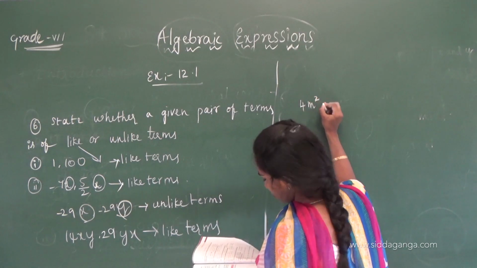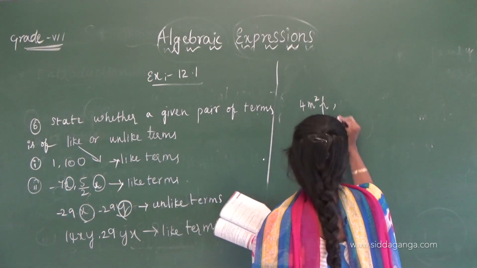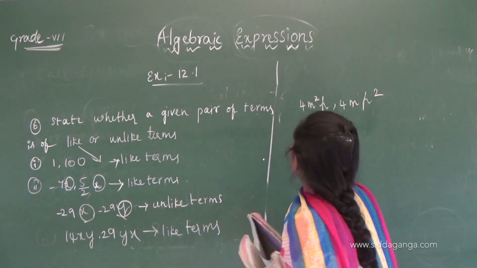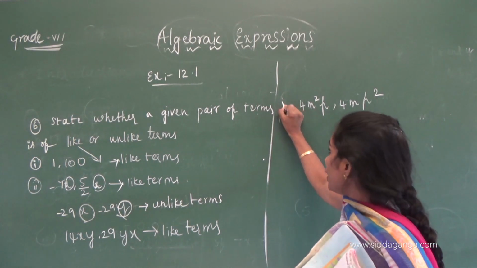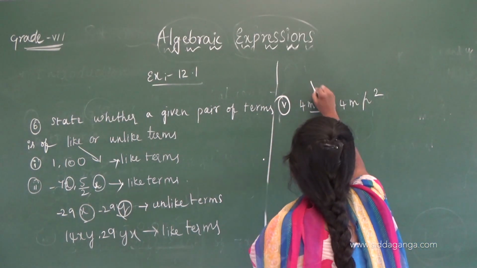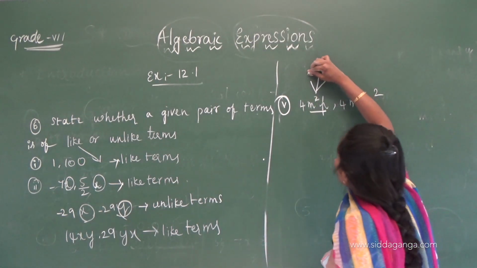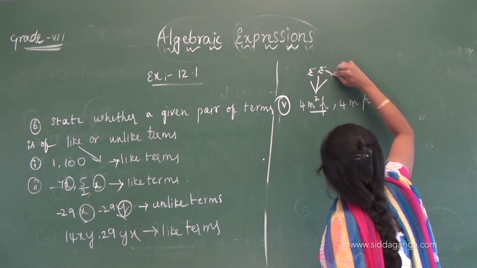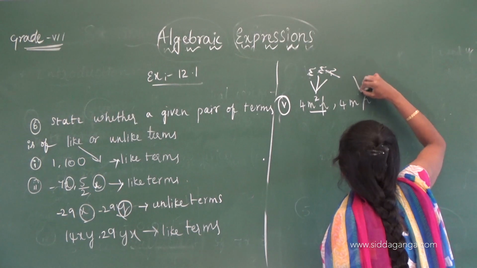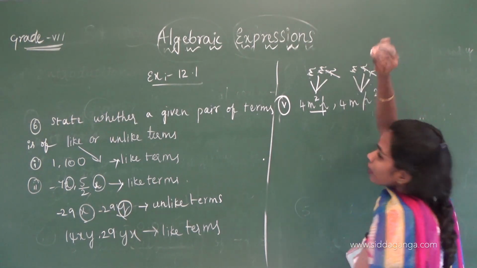4m square p, 4mp square. Here we have to see how many literal factors are there. m square is m m. Here m p square is m p p, correct?